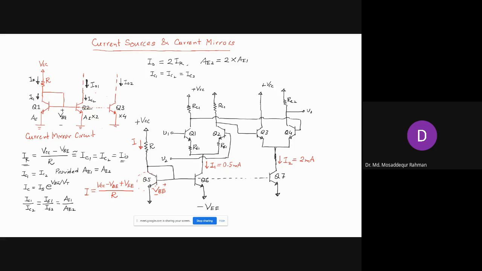So this current we can set as 0.5 milliampere. Then this will be reproduced here, the same, assuming the same cross-sectional areas. But we need a higher current, so we have to use a transistor with a larger cross-sectional area, let's say times 4. So then the current I2 will be 2 milliampere.